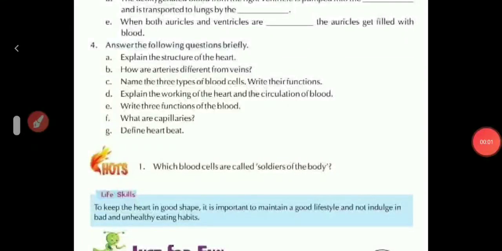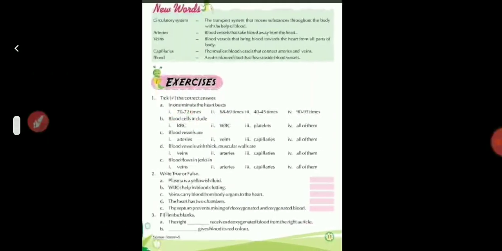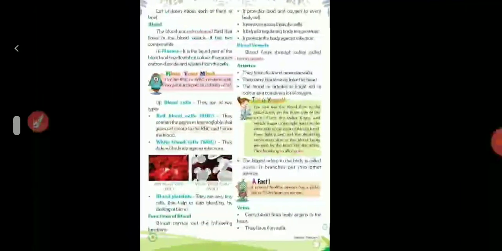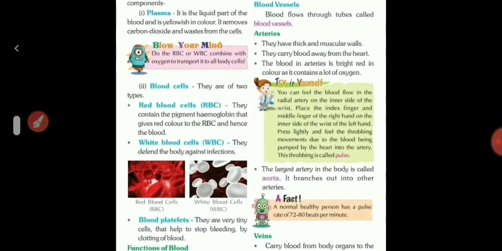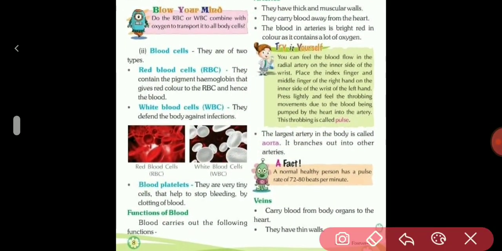C part. Name the 3 types of blood cells. Write their functions. So you can write the answer from here. 3 main types of blood cells are red blood cells, white blood cells and blood platelets.